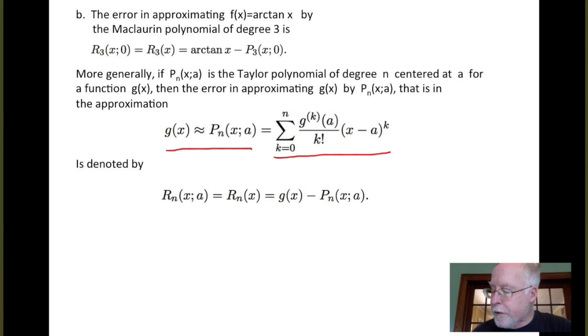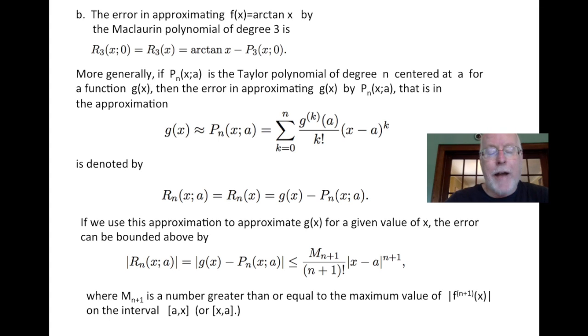And when we want to discuss such an approximation, we'll normally look at the remainder or error Rn, which is how much g of x differs from Pn of x minus a. So Rn is defined to be the difference between the function g of x that generated the series and its nth Taylor polynomial.